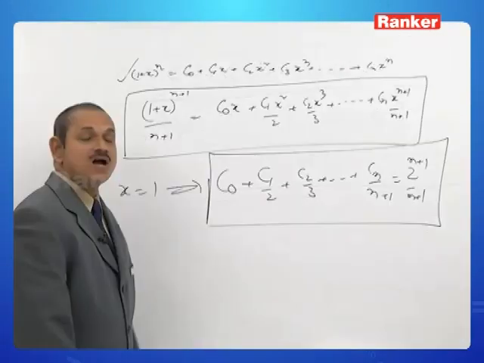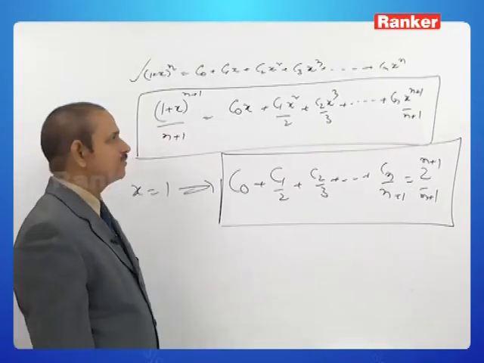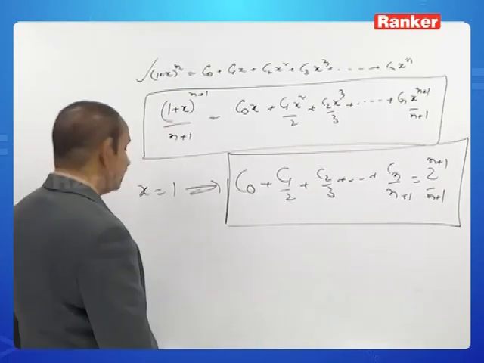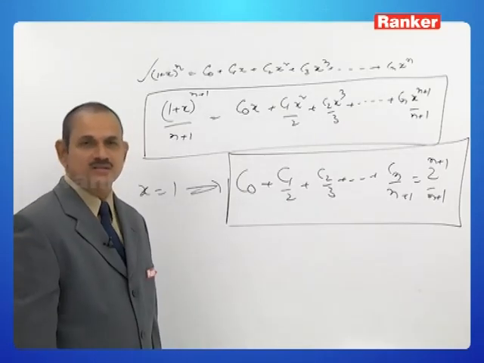Well, the process is not over. There are still so many results that can be obtained by making use of this (1 plus x) whole to the power of n. Let us now look at one more such important result.